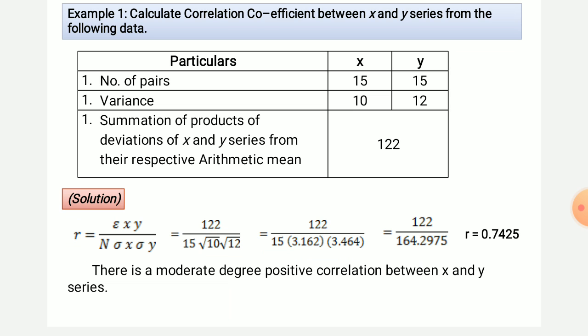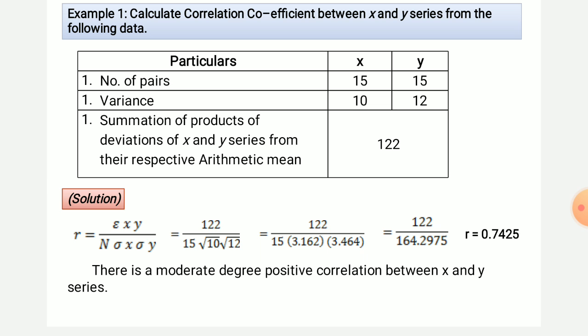So number of pairs means N is given: N of x series and y series is 15 each, and variance 10 and 12 are given. We have to calculate sigma, the standard deviation.